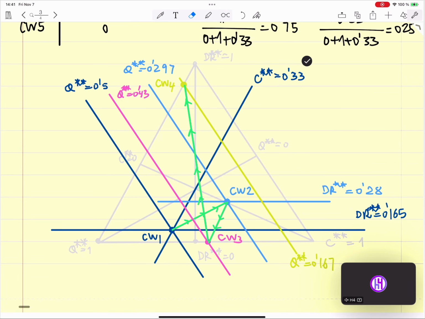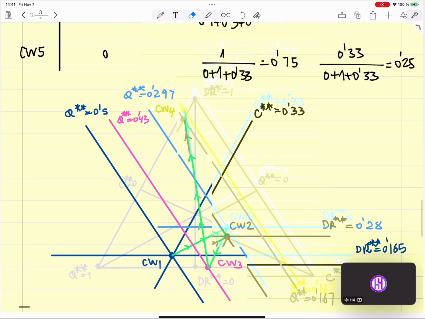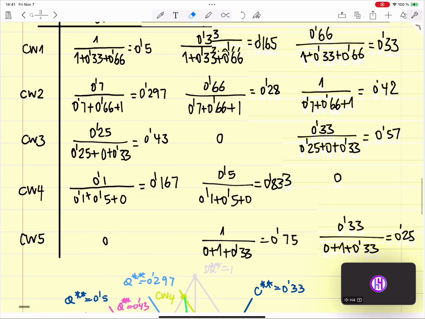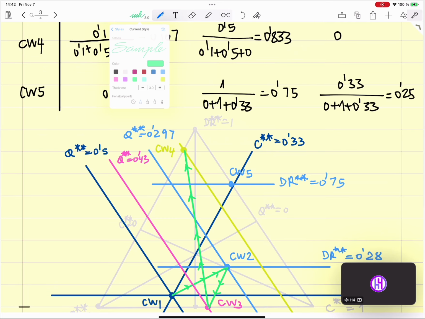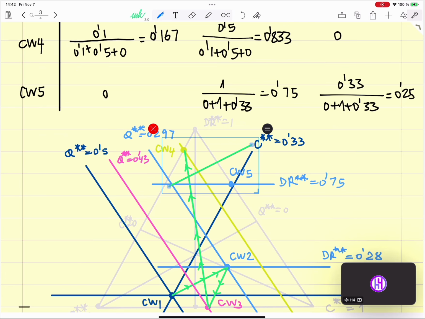And then the delivery rate is 0.75, so it will be something here. This is delivery rate star 0.75. So our line will be here, calendar week 5, touching the edge of the triangle.